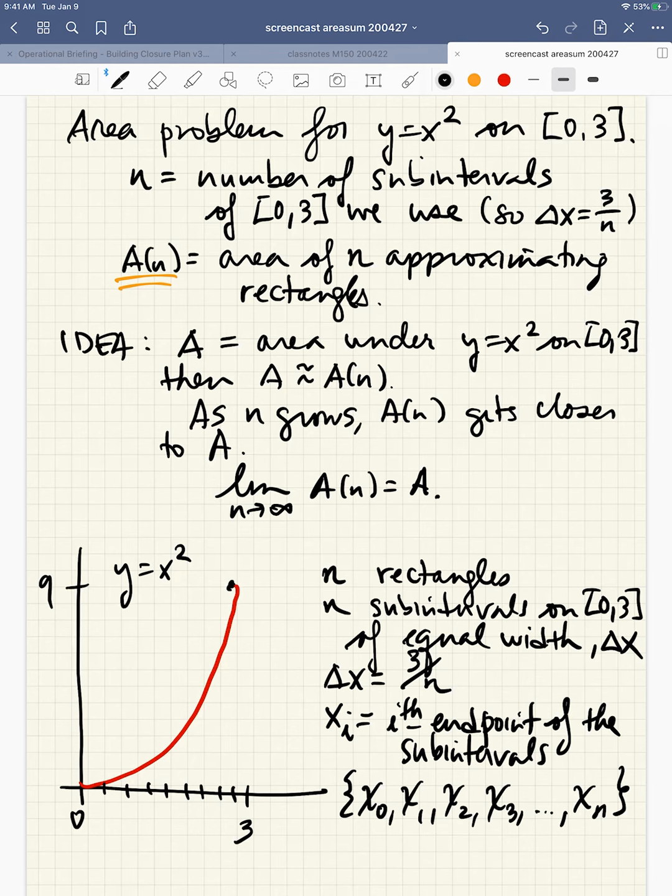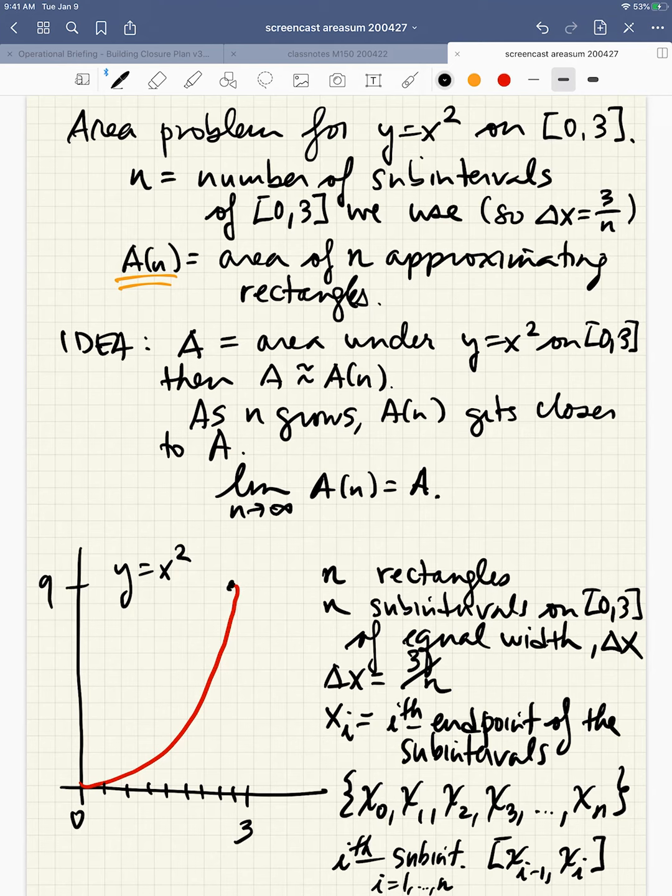So the ith subinterval is going to be x sub i minus 1 to x sub i. We'll have the first subinterval, the second, the third, and so on up until the nth subinterval. So i is going to go from 1 up to n.